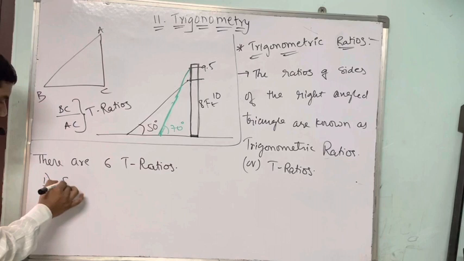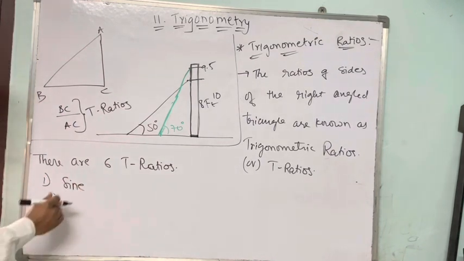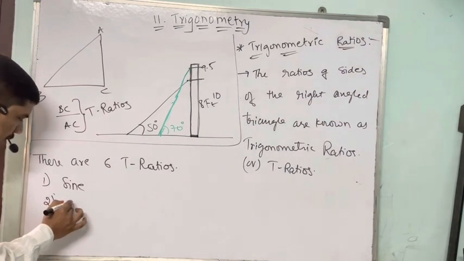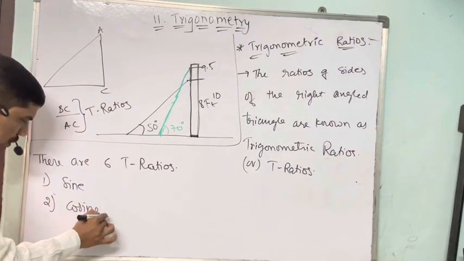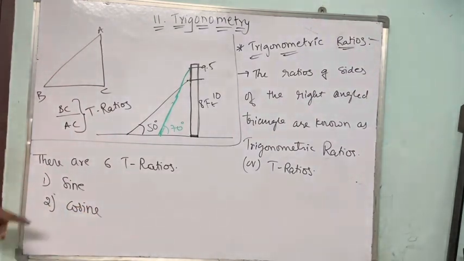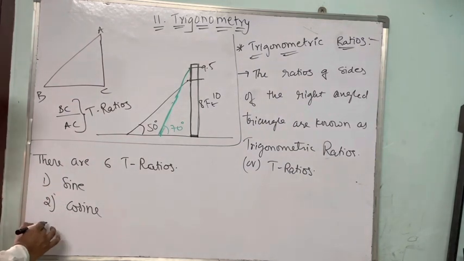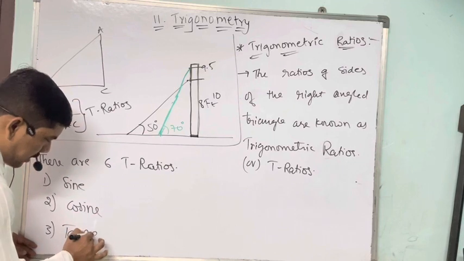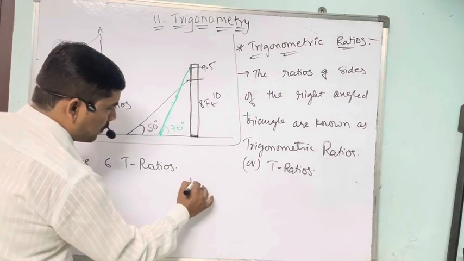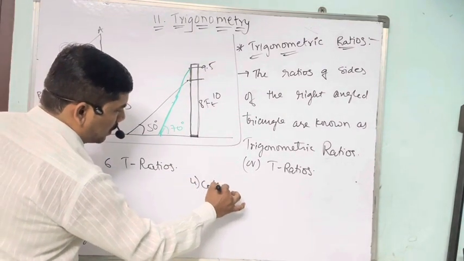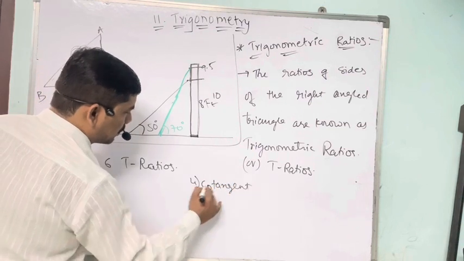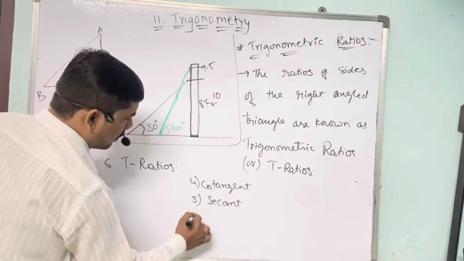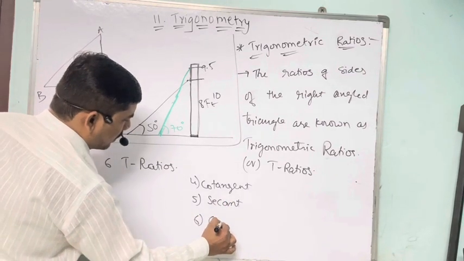First one, sine. How to write and how to use them, we'll see later on. First, sine, cosine, tangent, cotangent, secant, cosecant.